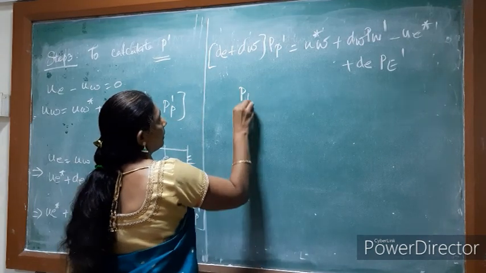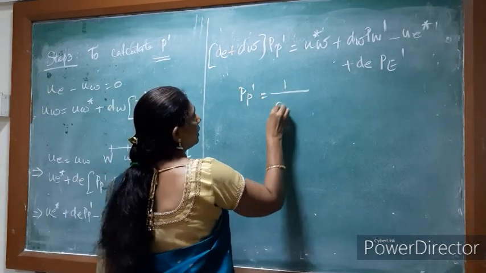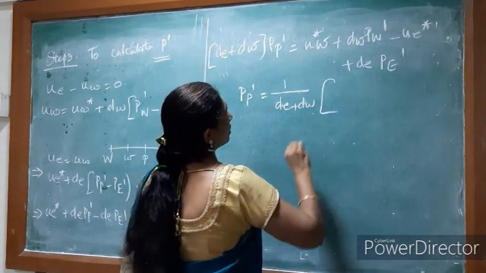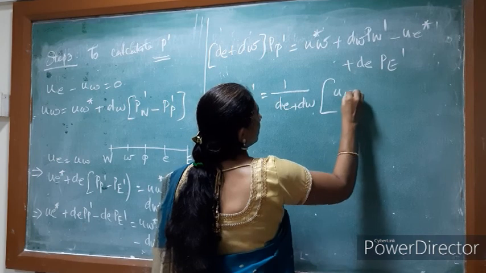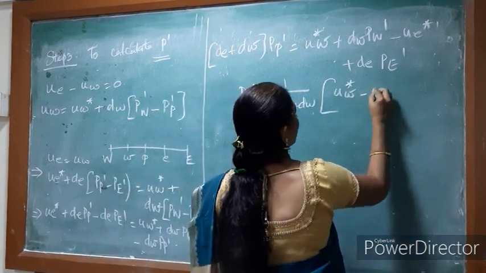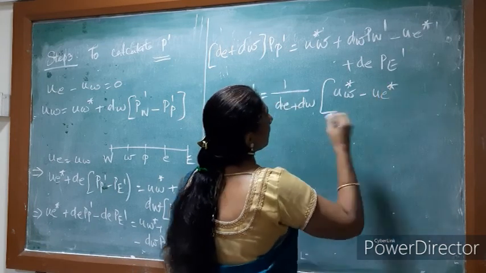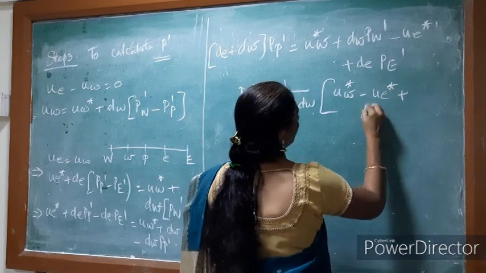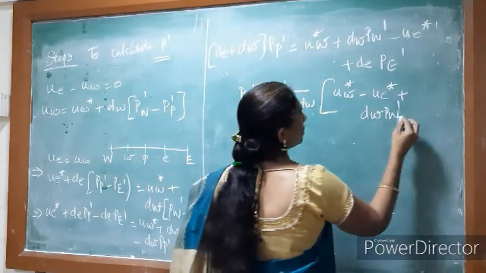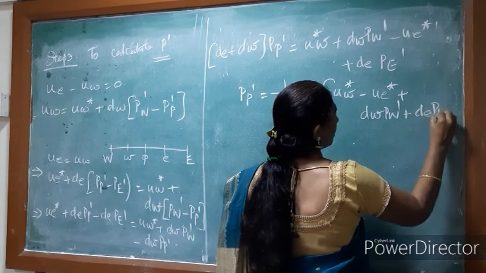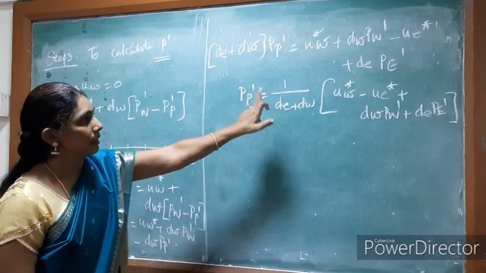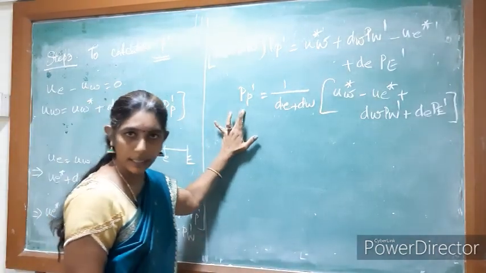So PP dash is going to be 1 by DE plus DW, inside I've got UW star minus UE star plus DW PW dash plus DE PE dash, right?